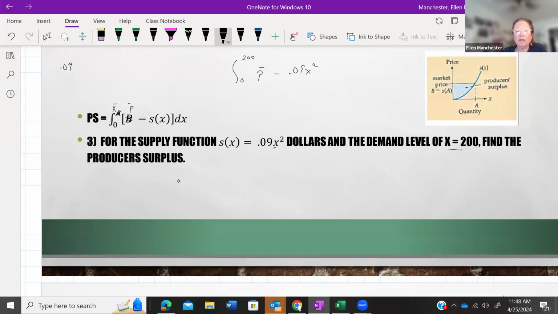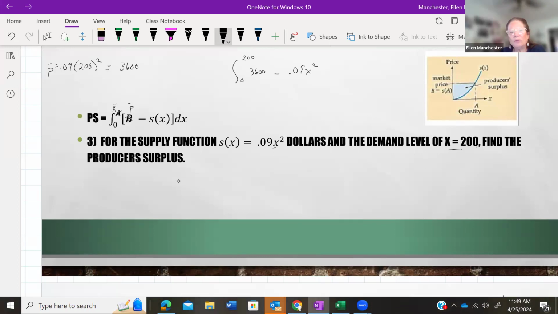So 0.09 times 200 squared is 3,600. Okay, so now we're good to go. We can take out our P, plug in our 3,600, and now we're good to go. Now with this one, if you notice, we're only subtracting off a monomial.